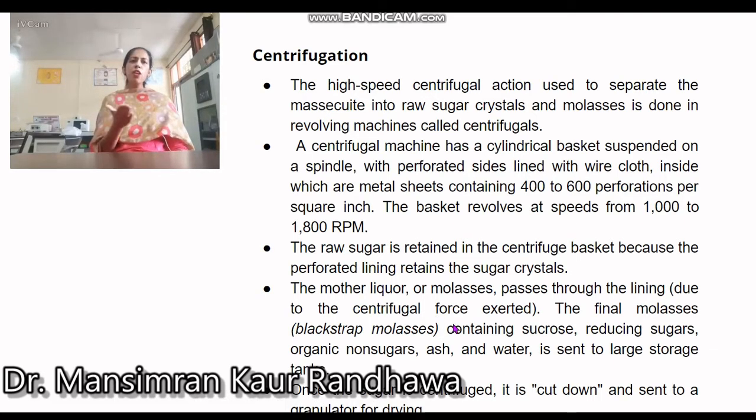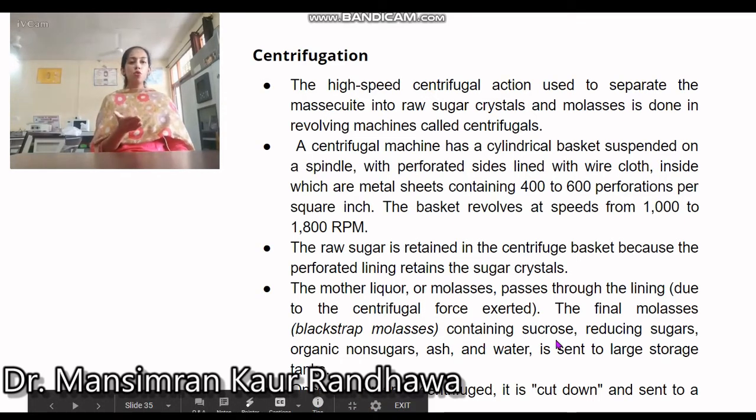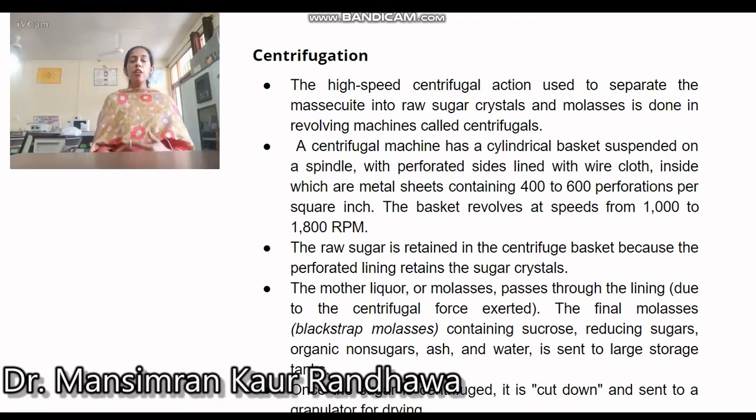The final molasses contains sucrose, reducing sugars, organic non-sugars, ash and water, and is sent to a large storage tank. This molasses is also used, which we are going to discuss in further lectures. Once the sugar is centrifuged, it is cut down and sent to a granulator for drying, right?